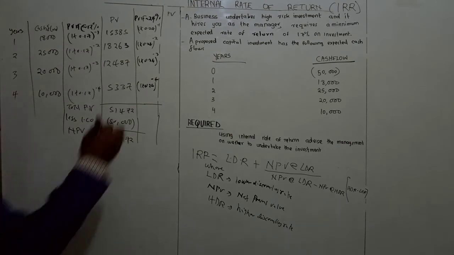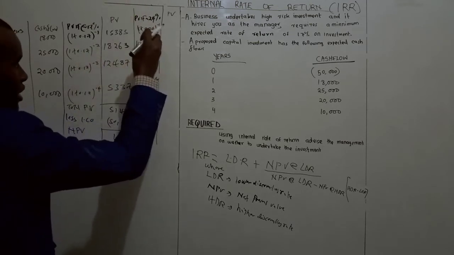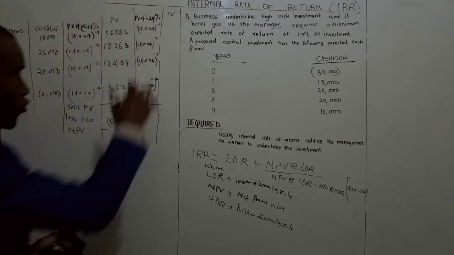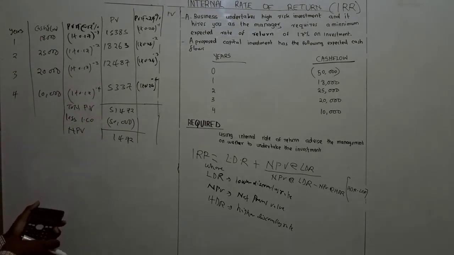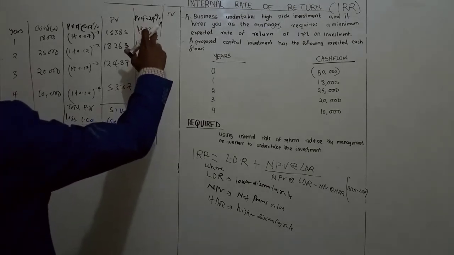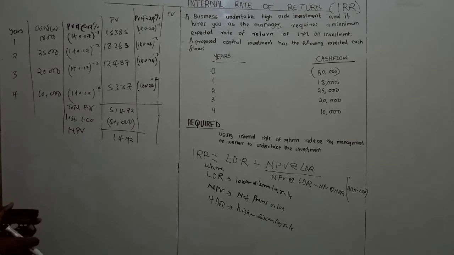Now we need to multiply with the cash flow to get the present value. So 1 plus 0.24 raised to negative 1, multiplied by 18,000.